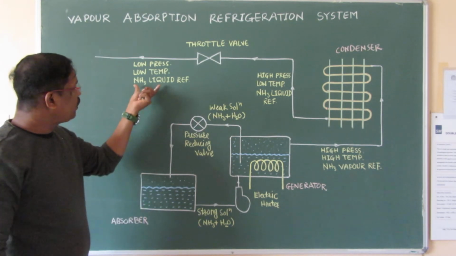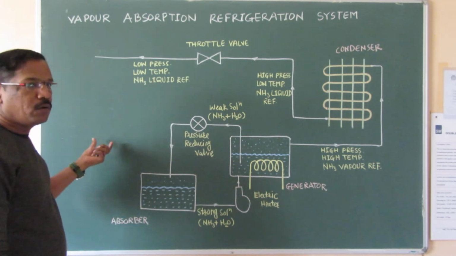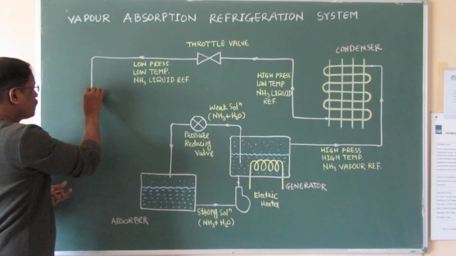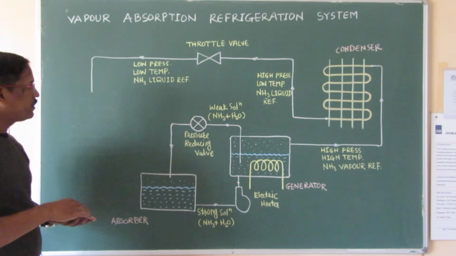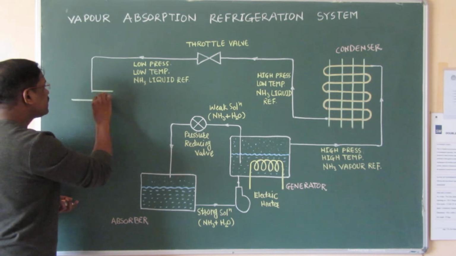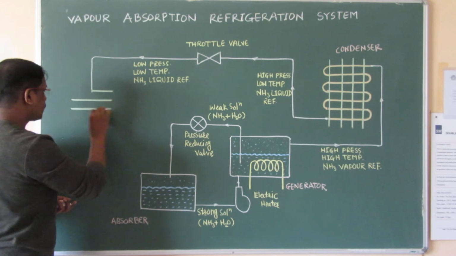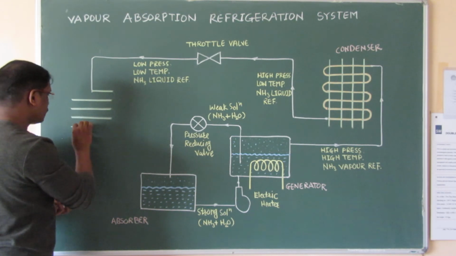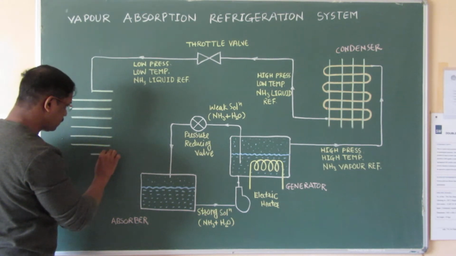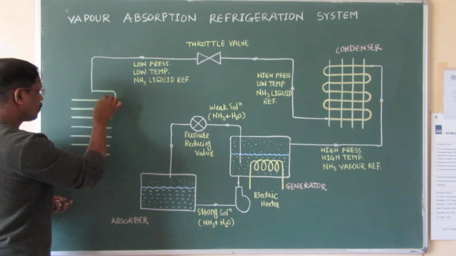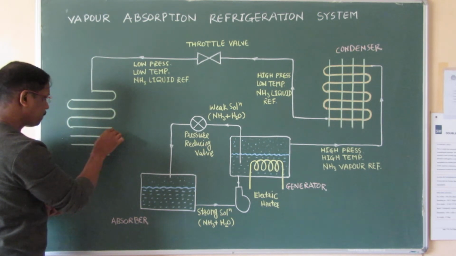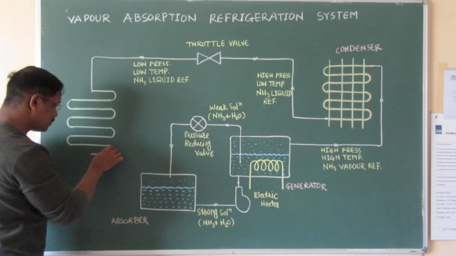Now this refrigerant is then supplied to the main evaporator unit, where we obtain a cooling effect. So this is, suppose, the evaporator unit where the actual cooling effect is obtained. So this is a cooling zone or space.